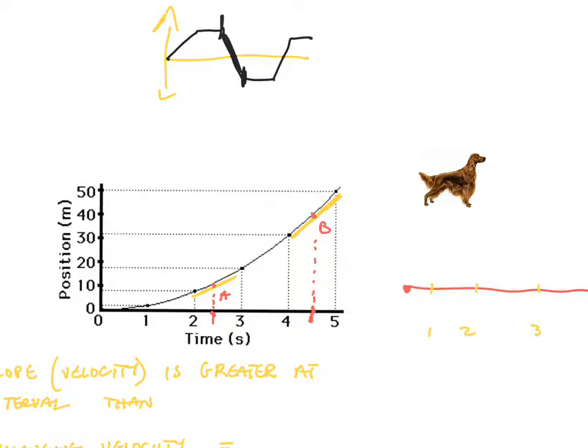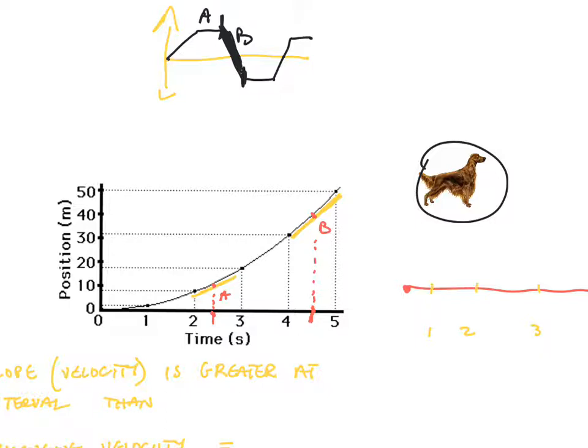In other words, in this section, the velocity was not changing. So it appeared between A and B that RoboDog was able to change from 0 velocity right away to a negative velocity, let's say negative 10 meters per second. Kind of weird, only a RoboDog might do it. The dog pictured here would not.